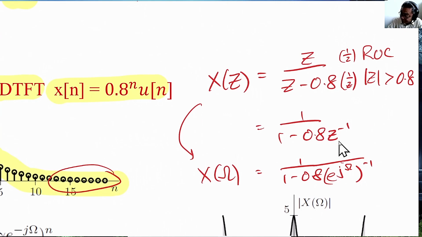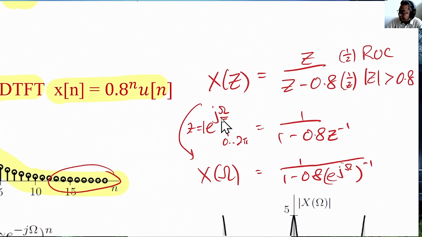Remember that to convert the Z transform into the Fourier transform, we substitute Z equals e to the j omega, where we are actually examining the Z transform on the unit circle. So e to the j omega is the unit circle because now omega goes from 0 to 2 pi.